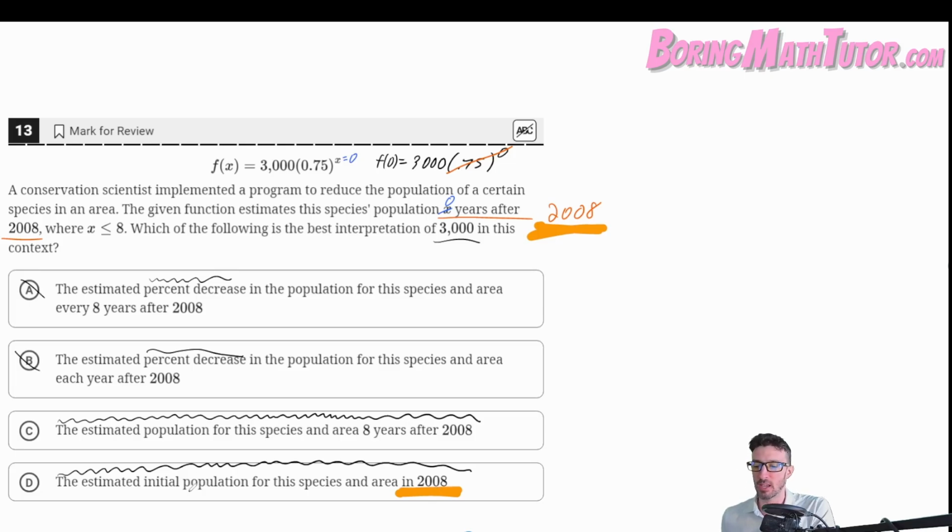Initial seems to make sense because initial is what happens when you didn't wait. Very impatient. You only waited 0 years? That's not a lot of years to be waiting. That's the initial population. Answer is definitely D.